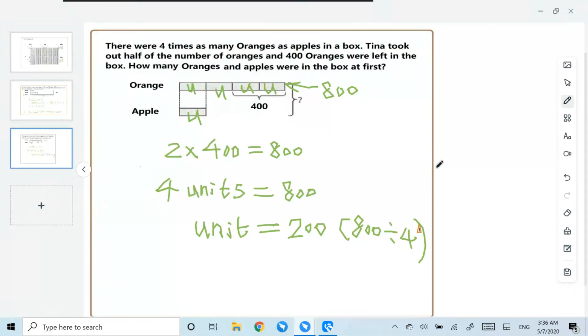So 1, 2, 3, 4, 5 units. 5 units equals 5 times 200. And I found out it equals 1000.